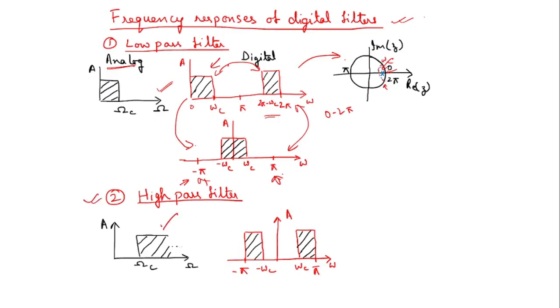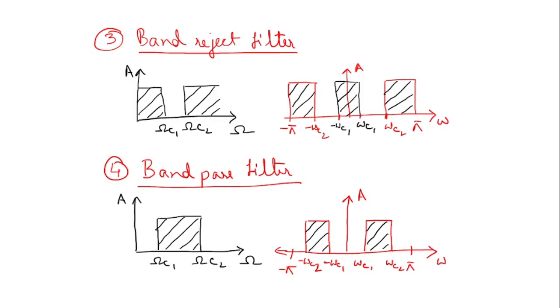In the high pass filter we have this frequency response in the analog domain, and herein we have the high pass filter in the digital domain, and this is how the frequency response looks. Similarly for the band reject filter, it is something like this.